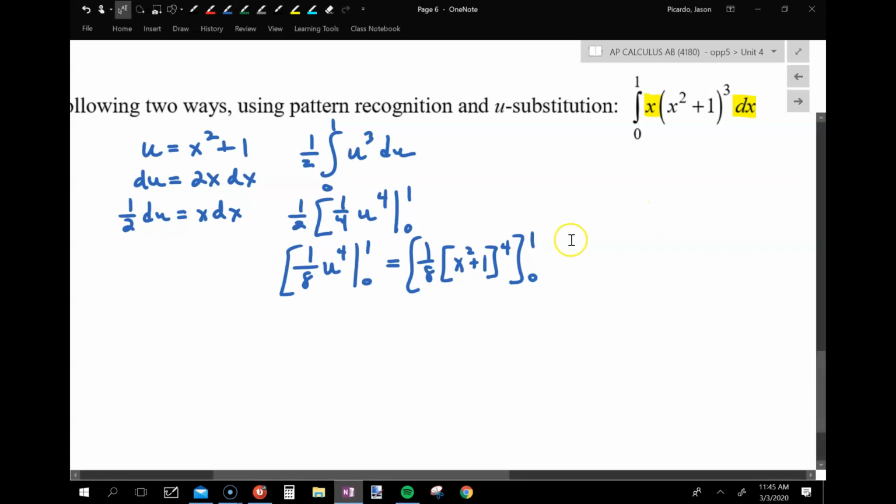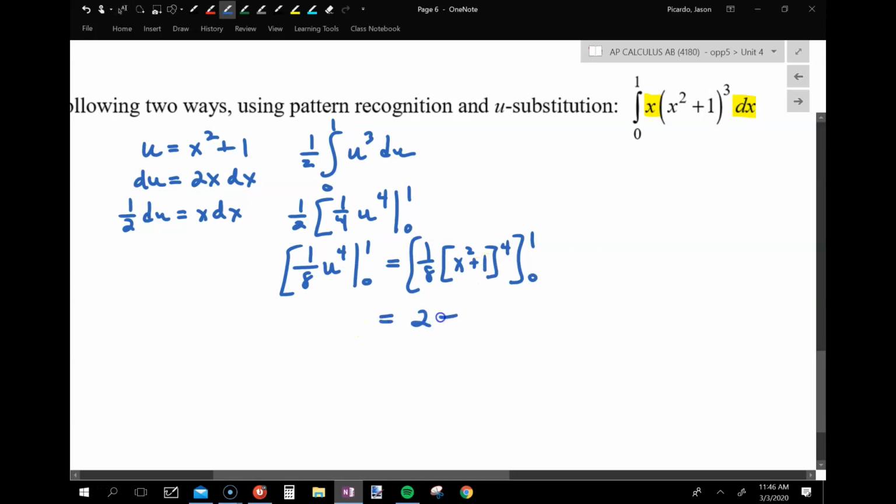Okay, plug in my 1. I get 1 squared, which is 1. 1 plus 1 is 2. 2 to the 4th is 16. An eighth of 16 is 2.